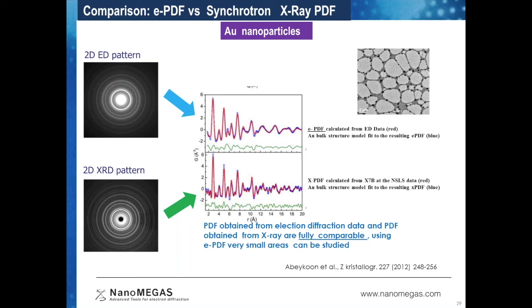From these two diffraction data, electron diffraction and X-ray diffraction, ePDF and XPDF were calculated, and then the PDF was fitted with the bulk gold structure. From the obtained result, you can see it is possible to do a model fitting with the electron diffraction PDF, and also the PDFs obtained by these two methods are comparable. So that means you can routinely use PDF with your electron microscope.